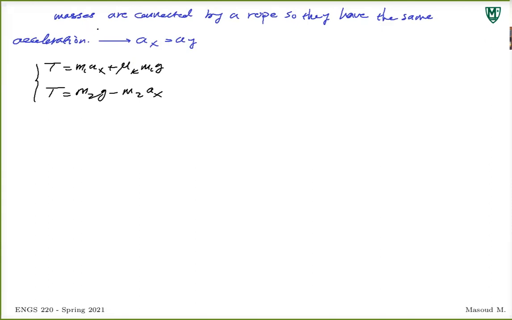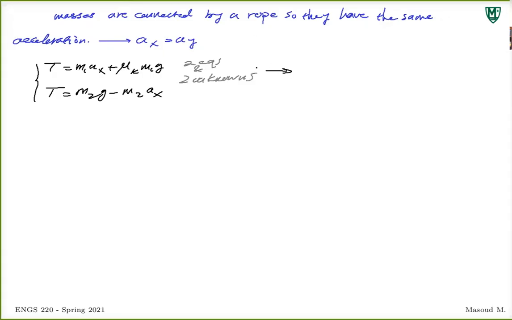So now it's good. Now the only unknown here is T. Everything else, we have two equations, two unknowns, sorry. Mathematically, we should be able to solve this.